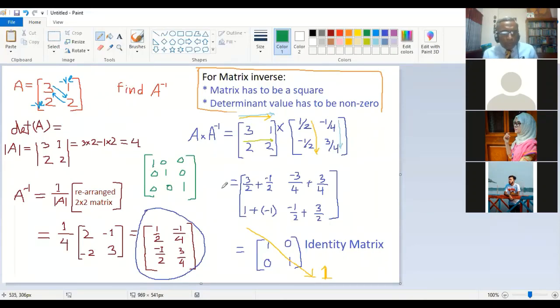In most cases it is written as I3, which means the identity matrix with 3 columns and 3 rows. If it is an identity matrix with 2 columns and 2 rows, then we will write I2.